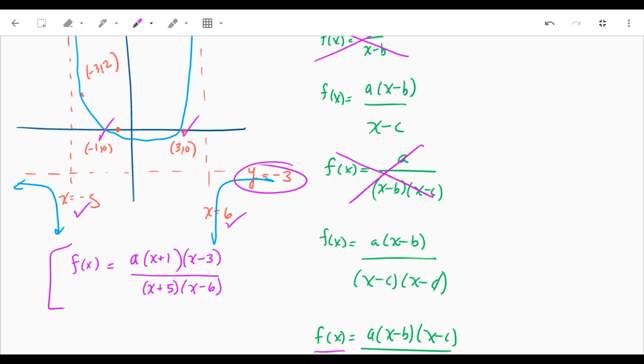If I were to expand the numerator out, I would have an x squared. If I were to expand the denominator out, I would have an x squared. So it's the same degree, which means the ratio of the leading terms. We'd have a times x squared plus some junk here, and then x squared plus some junk here. So the ratio of the leading terms gives us that horizontal asymptote. It's got to be -3. Okay, so a has to equal -3.